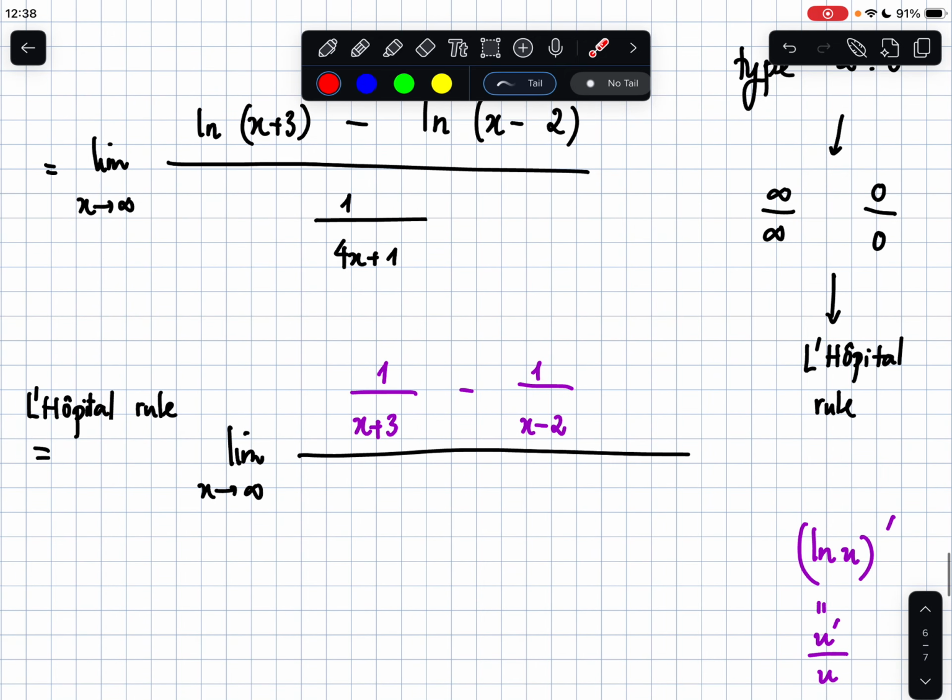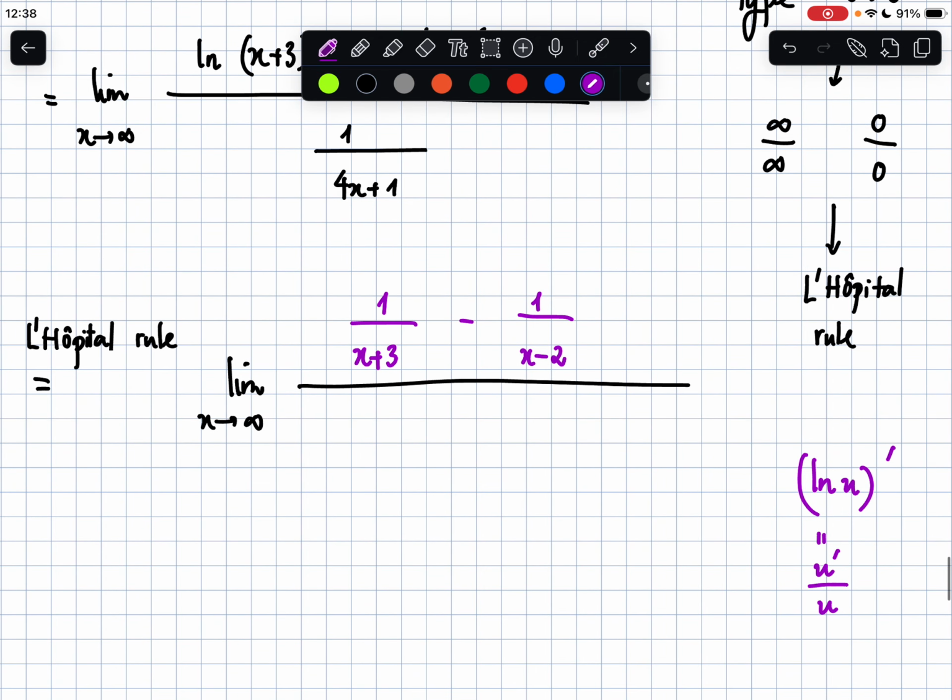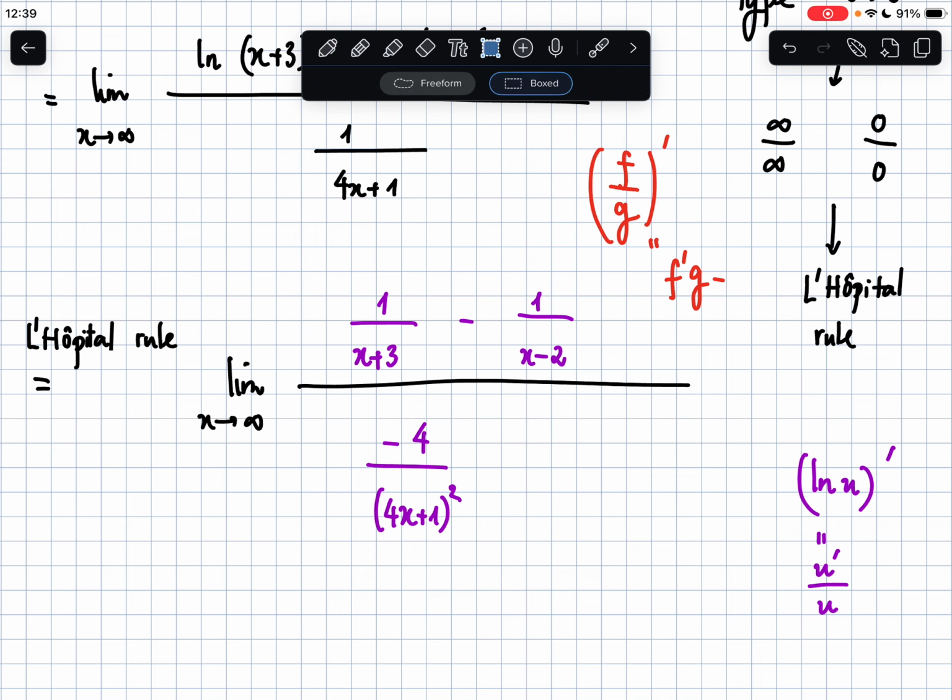And the derivative of the denominator is minus 4 over (4x plus 1) squared. So here I use the quotient rule: f over g prime is f prime g minus f g prime, divided by g squared.